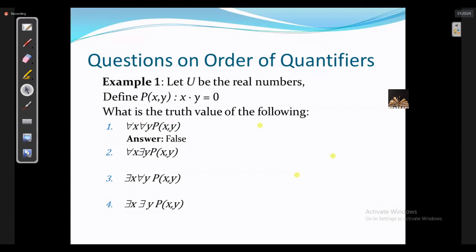Respond in chat box. No, so that's why it is false. Only when y is equal to 0 or x is equal to 0 is it 0. Okay.